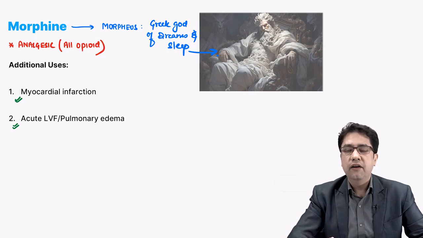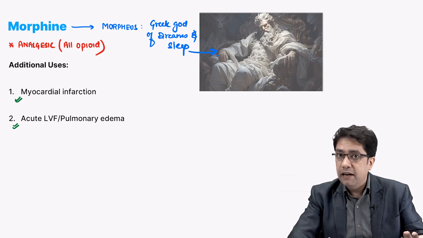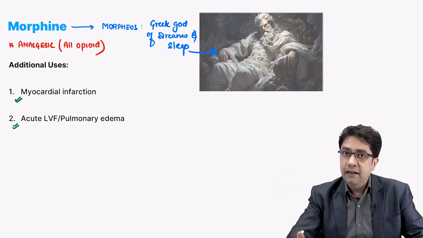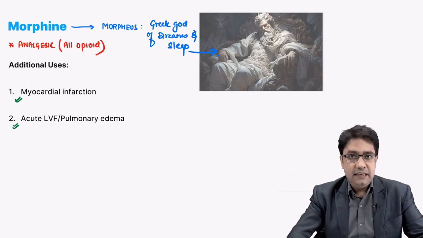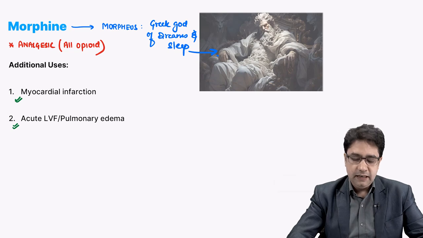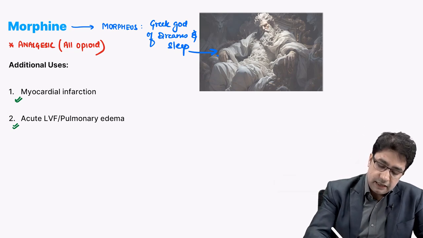If the left ventricle fails, where will the blood collect? Blood will collect in the lungs, leading to pulmonary edema. So let's see why morphine is given in MI patients. The reason is that in MI patients, morphine has a cardioprotective effect.